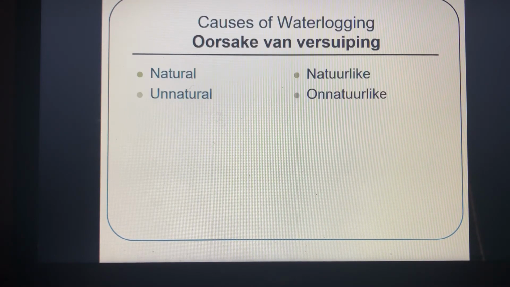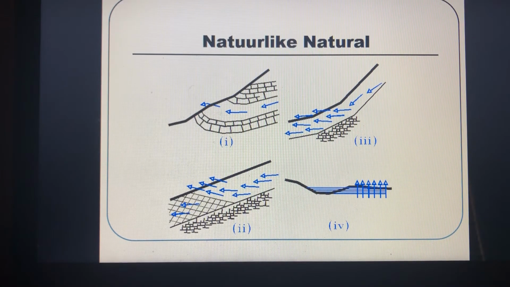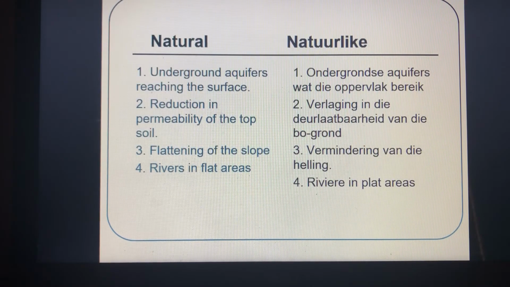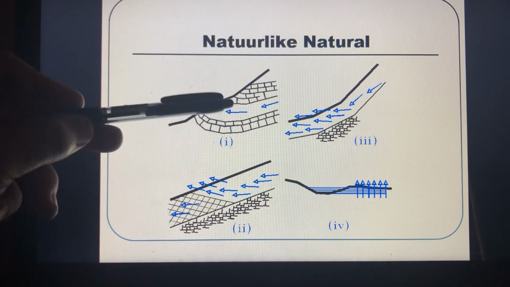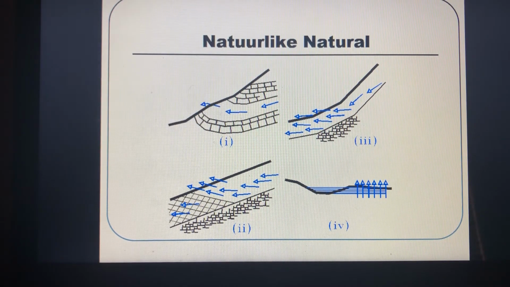So causes of waterlogging, we can divide them into two main groups: natural and unnatural. If we look at the natural causes, firstly, an aquifer or a dam at the bottom, as you'll see, an underground aquifer. So water is being pushed up to the soil surface.